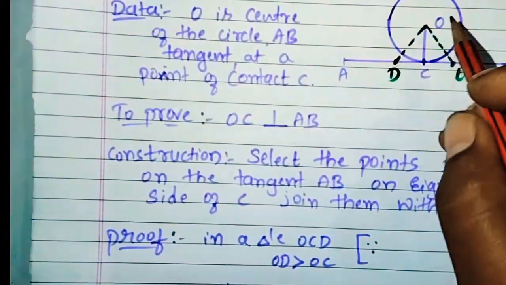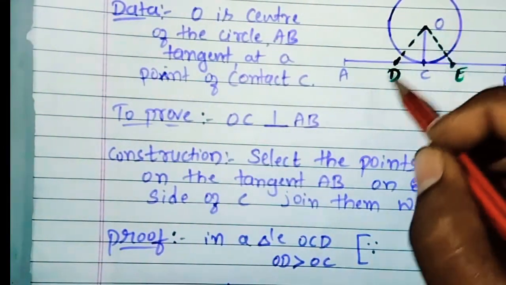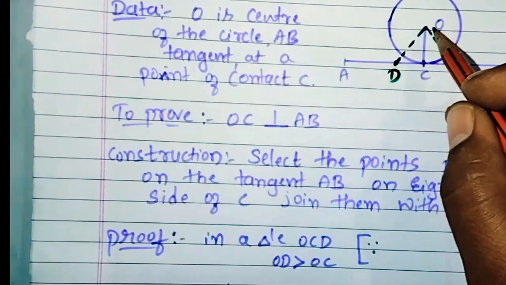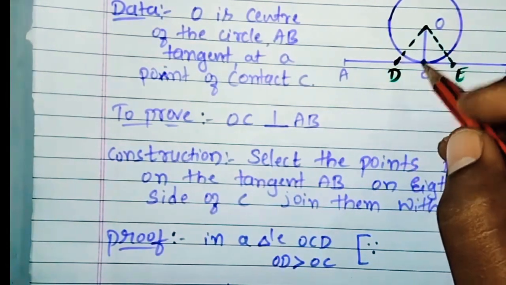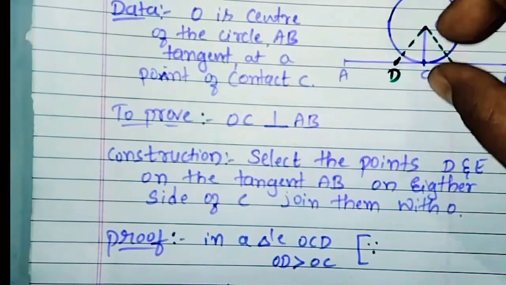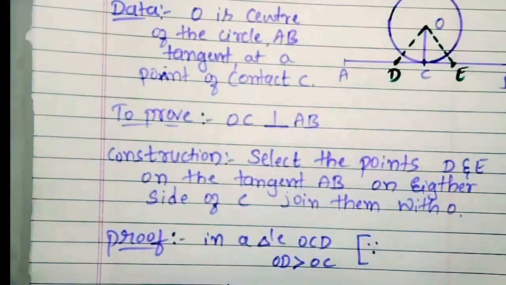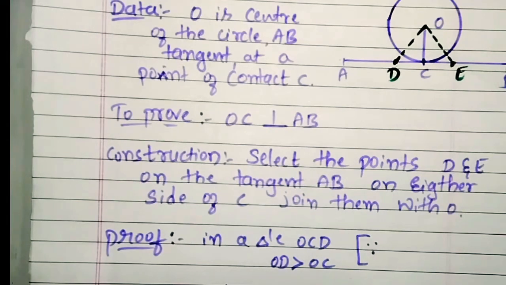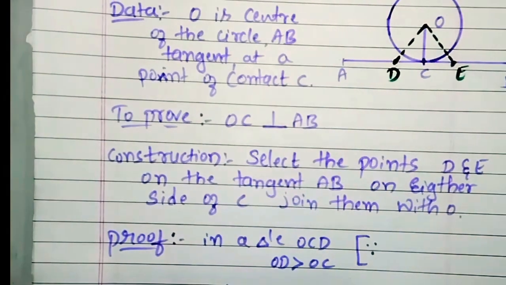So that's why they are not on the circle, but they are on the tangent. Therefore, the lines that I constructed end on the tangent, and that's why the lengths of these two lines are greater than OC. Is it right? So now the reason we have to write here: why are these two greater?